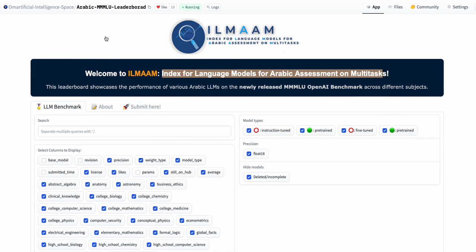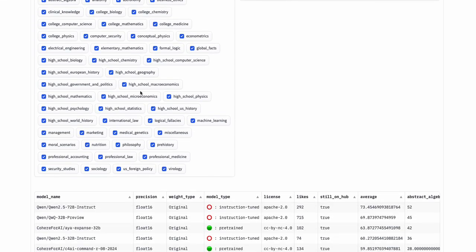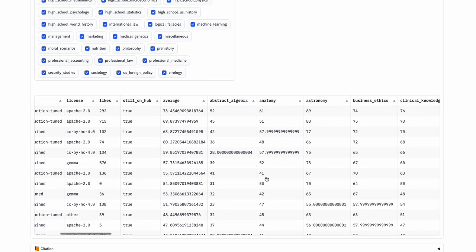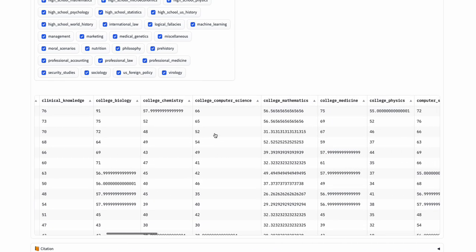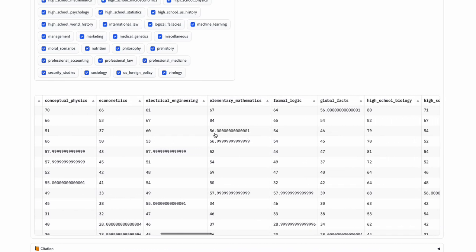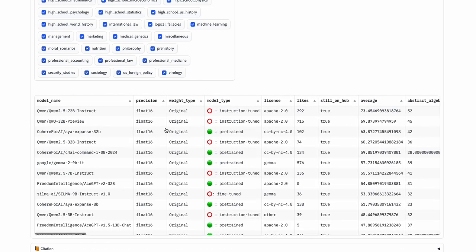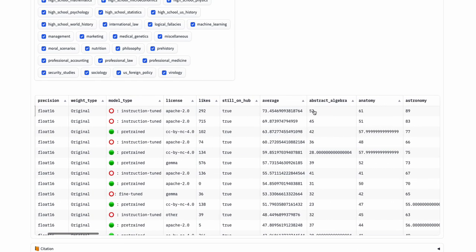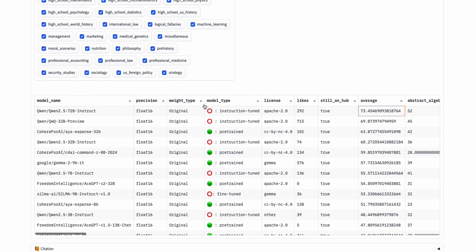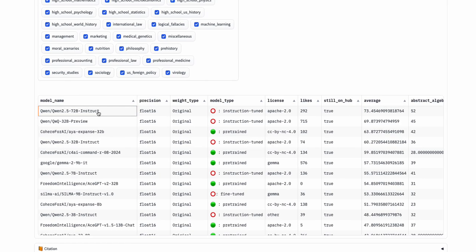It's inspired by the Arabic MMLU released by OpenAI, and we have different topics in Arabic, including 57 topics, and we evaluated state-of-the-art LLMs, multilingual models, and other types of models for Arabic. And we can say that Qwen 72 billion Instruct has an average of 73, which makes it first on this leaderboard.